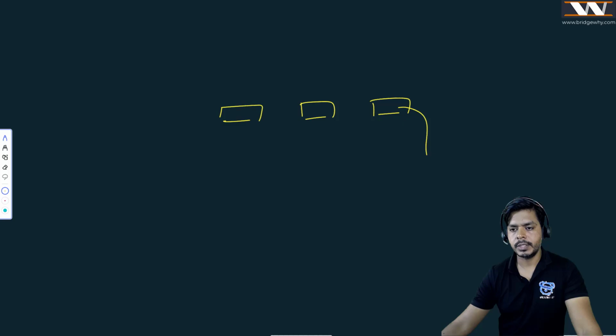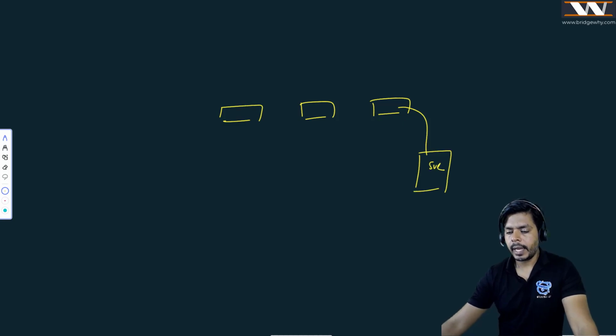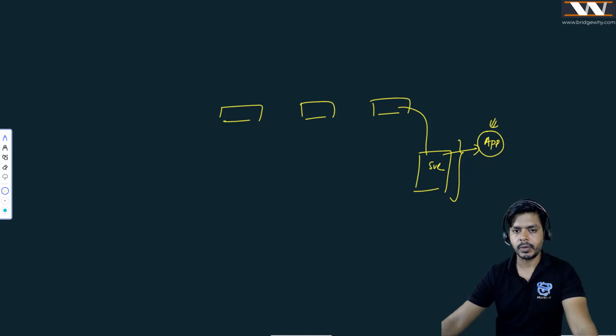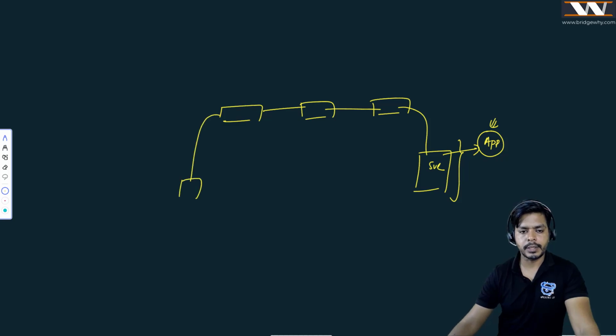One switch is connected with the server, and this is the server which is hosting a software responsible to run one application through which you chat, or basically talk, maybe a soft phone, inside your organization. And here is a client.